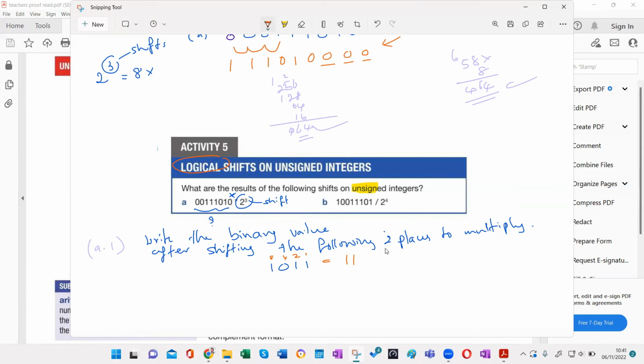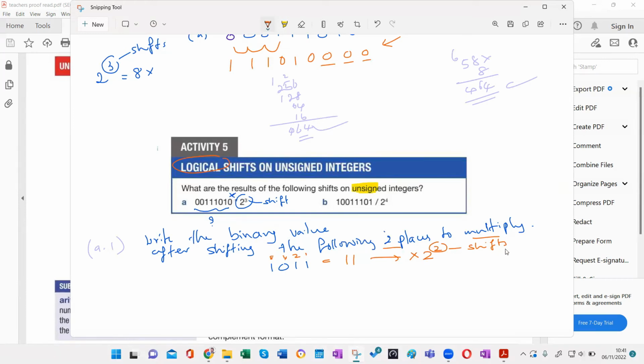Okay, now we are going to shift these two places, right? So that's going to be the power. And it's a multiplication, so this is going to be multiplied by 2 to the power 2. This 2 power 2 is the number of places or the shifts.